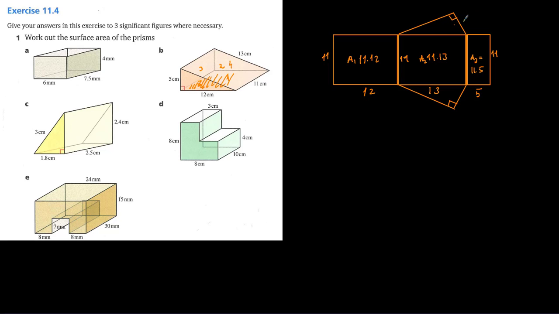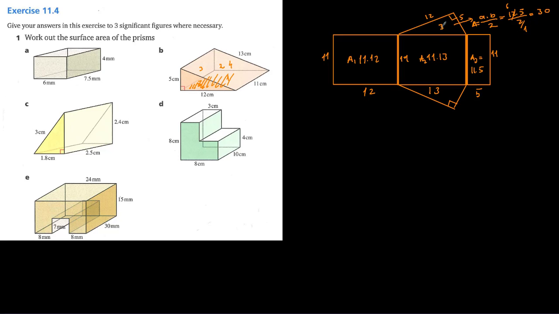The triangle's area is equal to A times B divided by 2. A is equal to 5 and B is equal to 12 here. So the area is equal to 12 times 5 divided by 2, which is equal to 6 times 5. That's 30.